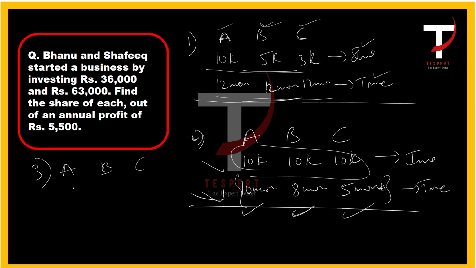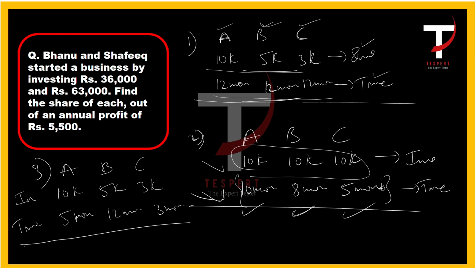Let's say A is investing 10,000, B is investing 5,000, C is investing 3,000, and A is investing for 5 months, B is for 12 months and C is for 3 months. So this is investment and this is time. In this case, what must we do in order to calculate the ratio of their shares?